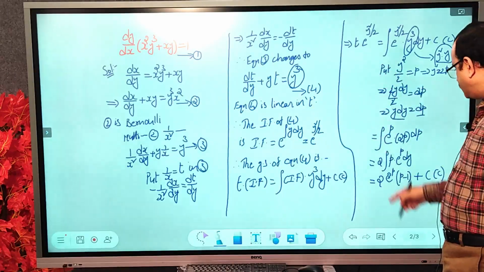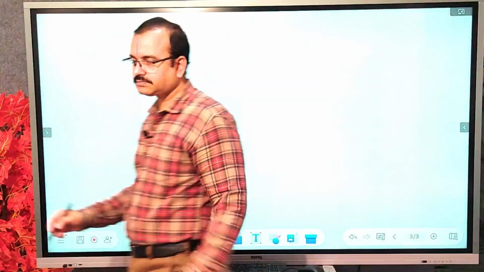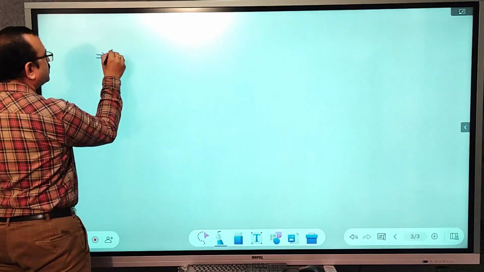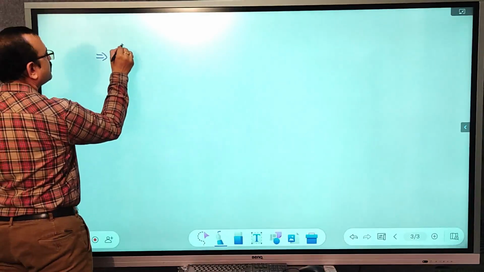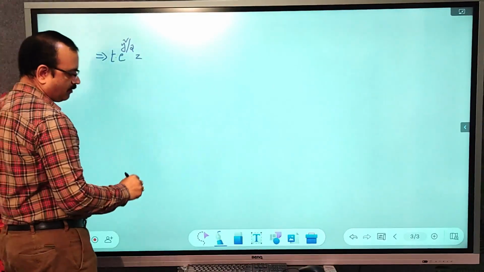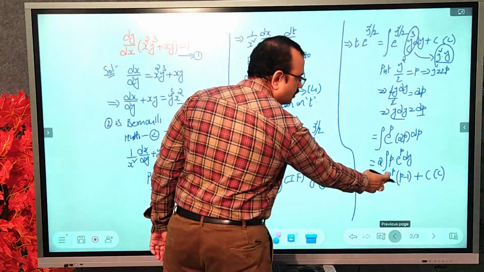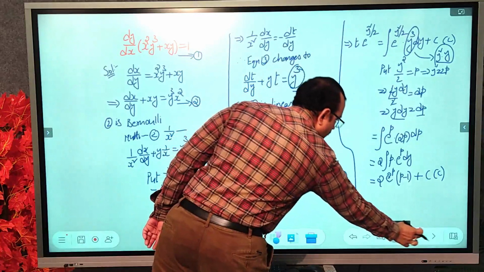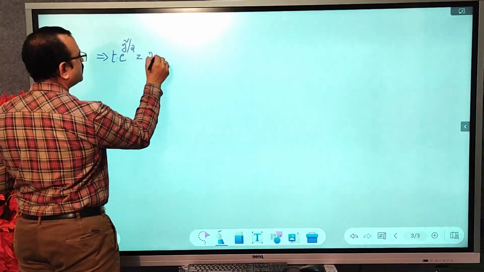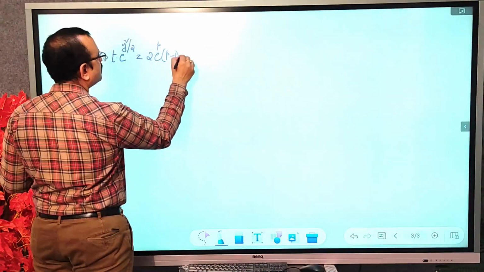Okay, now finally we will see how it is. Left side we have t into e power y square by 2, and on the right side, let me check it once, 2 into e power p into p minus 1 plus c.